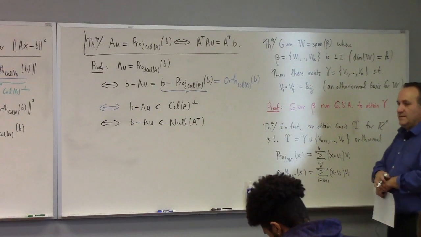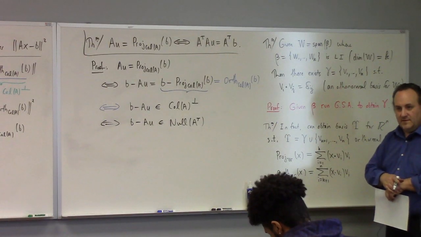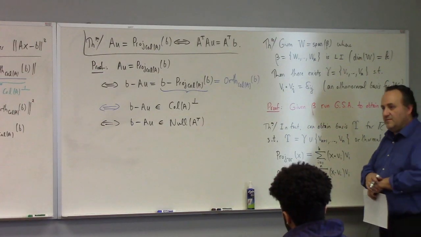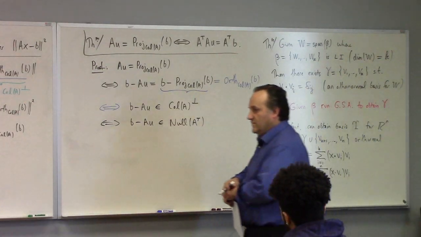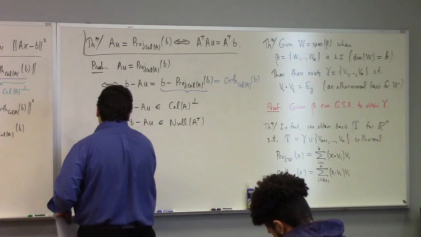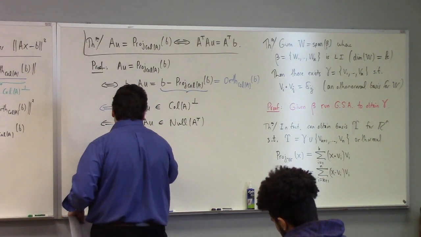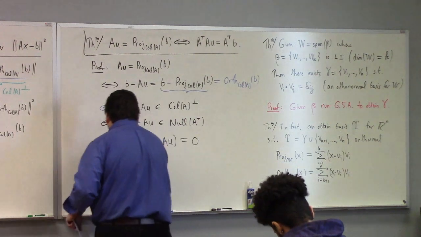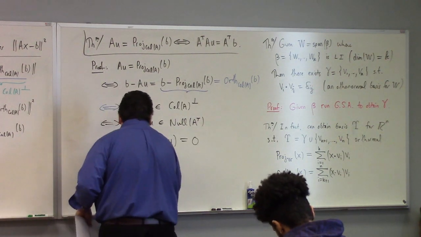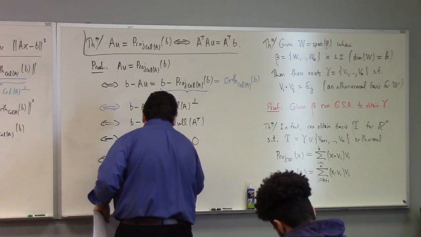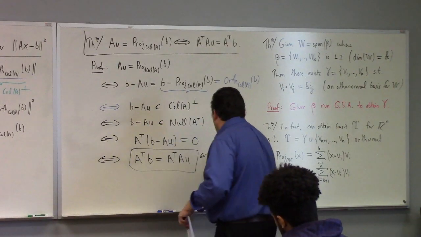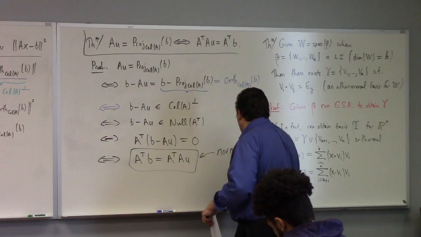But what does it mean to be in the null space of A transpose? It means that when you multiply that vector times A transpose, you get a big fat 0. Which of course is the same as A transpose B is equal to A transpose A U. And these are the normal equations.